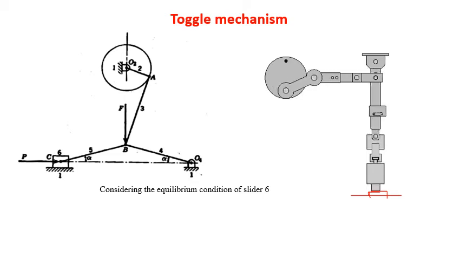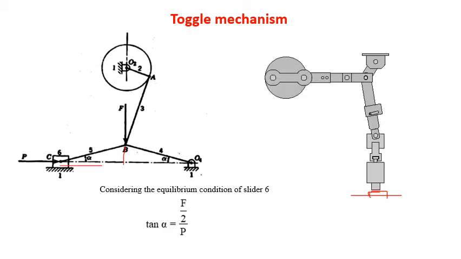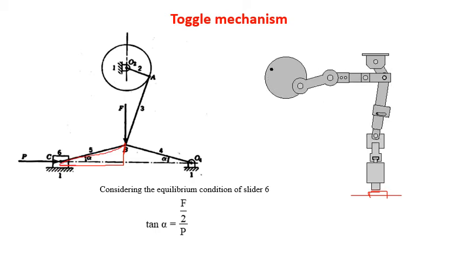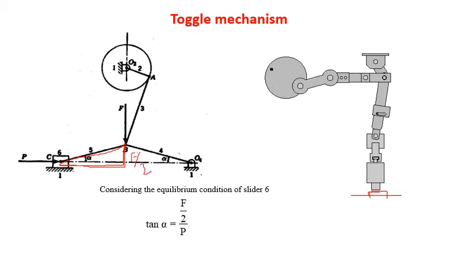For that I will consider the equilibrium condition of the slider 6. In this, a triangle will be considered, that is half portion of the mechanism. Here we have the effort F, therefore this side becomes F by 2, because we are considering half of the triangle.